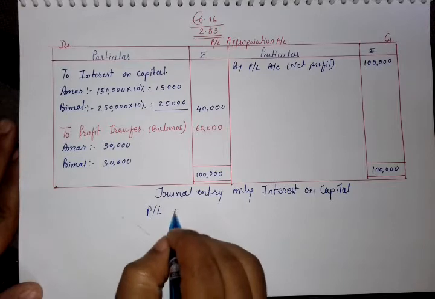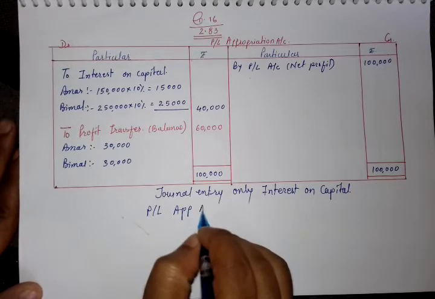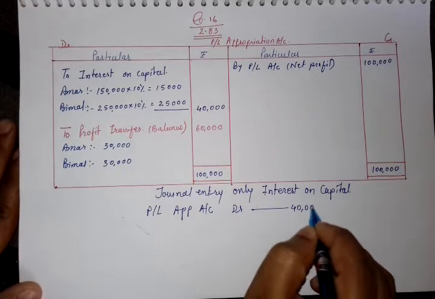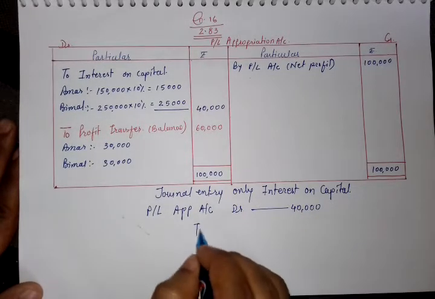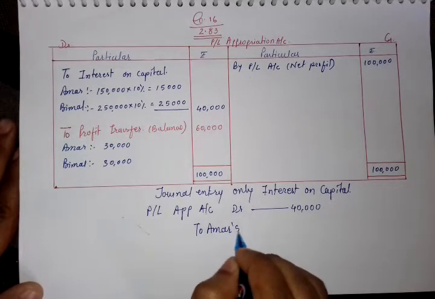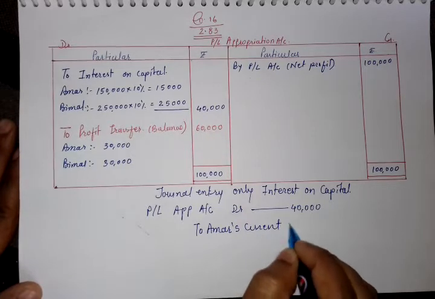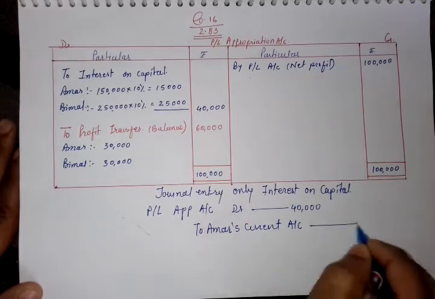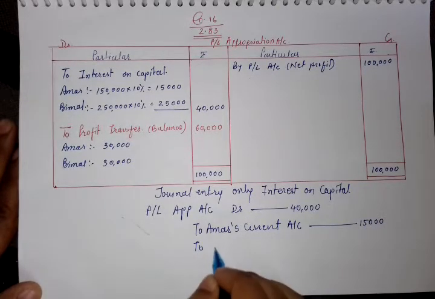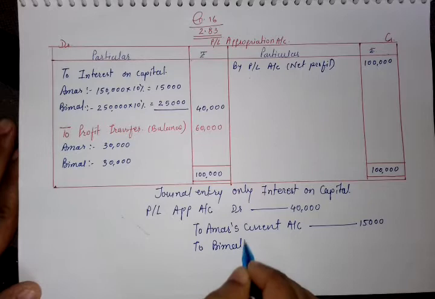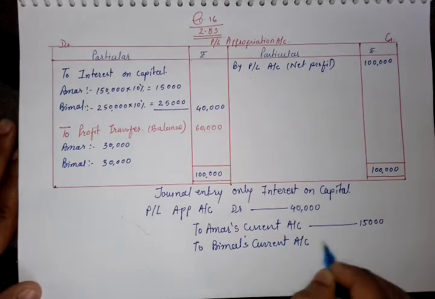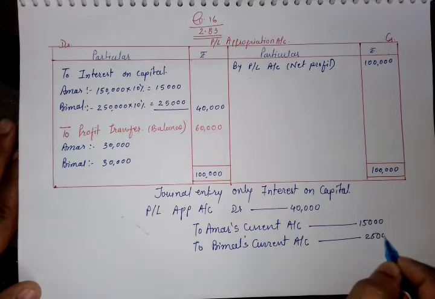P&L appropriation account debit 40,000, to Amar's current account 15,000 and to Bimal's current account 25,000. Okay.